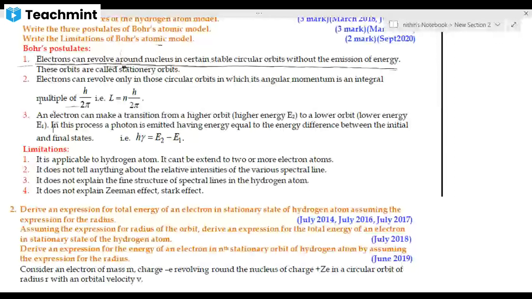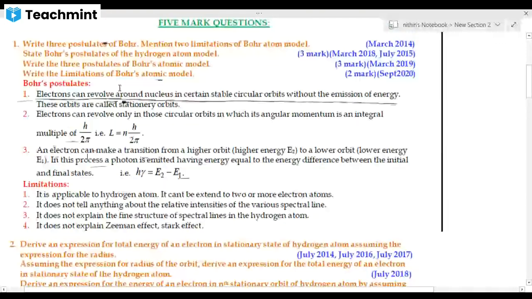Second, the angular momentum of the electron L is equal to nh by 2 pi, or mvr is equal to nh by 2 pi. That is the second one.